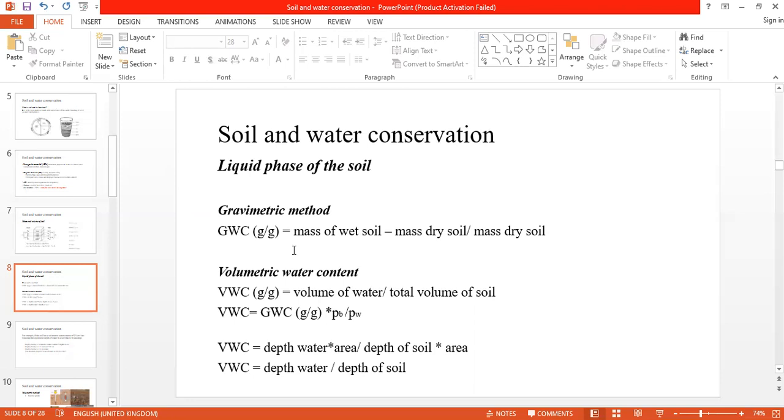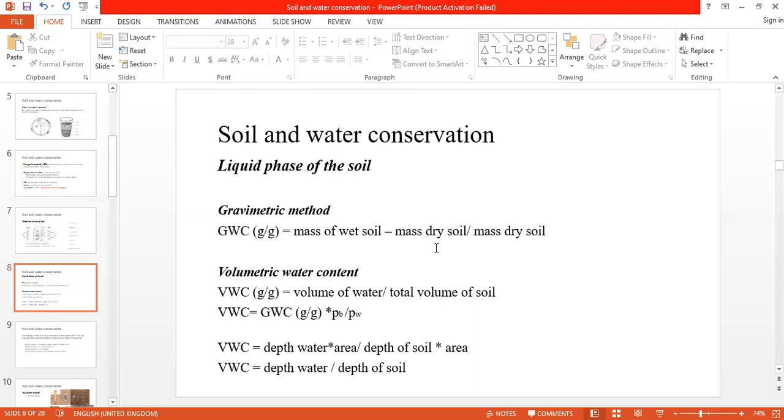Or if there was rainfall, we say there was 10 millimeters of rainfall. So this gravimetric water content does not give enough information. So we want to use volume basis.